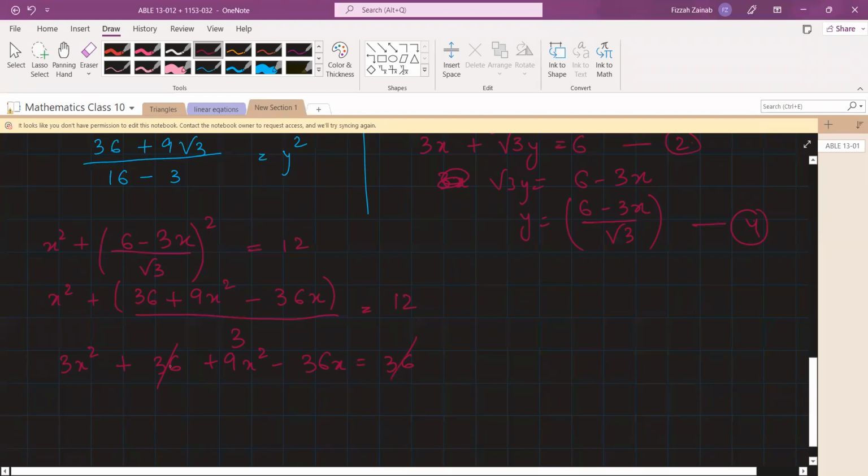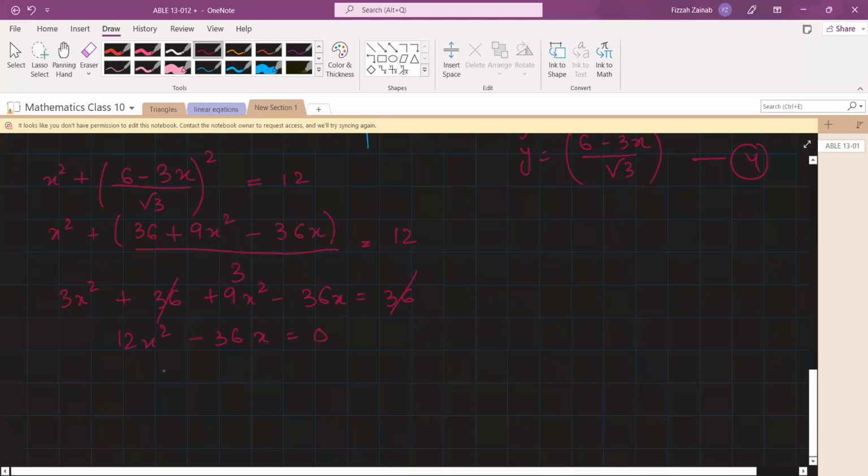So 3x square plus 9x square becomes 12x square minus 36x is equal to 0. Now you can take 12x common, so it becomes x minus 3. So you can take the 12 into the denominator. So it is x into x minus 3 is equal to 0, right?